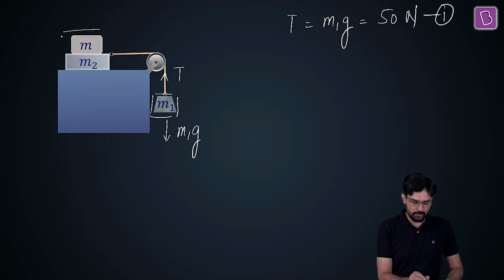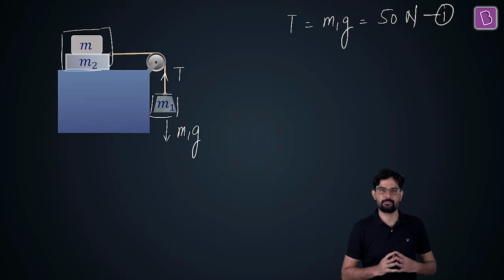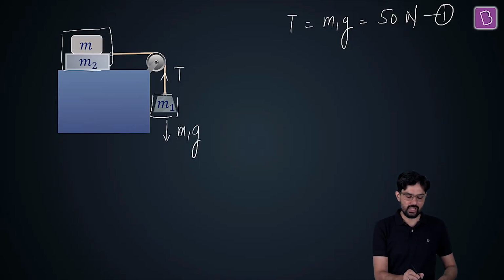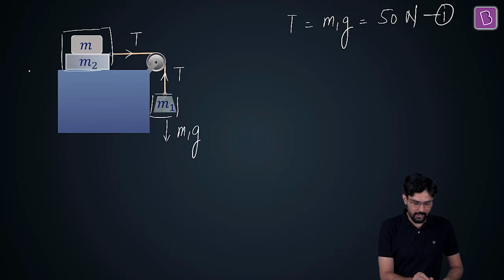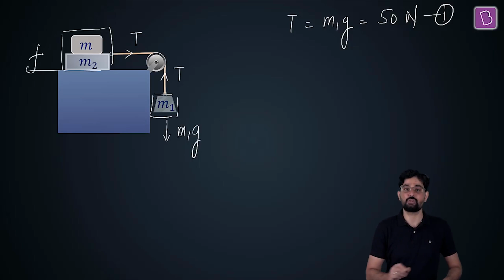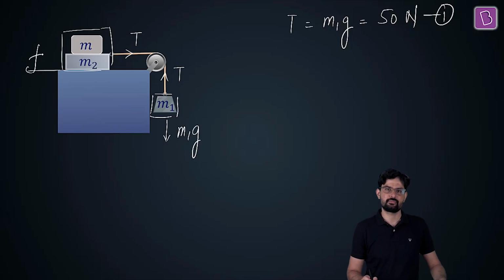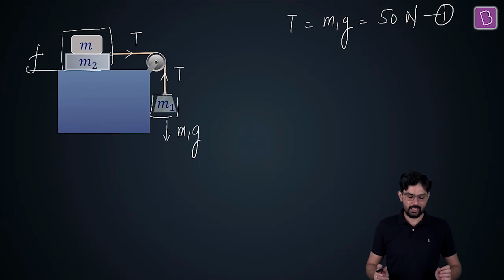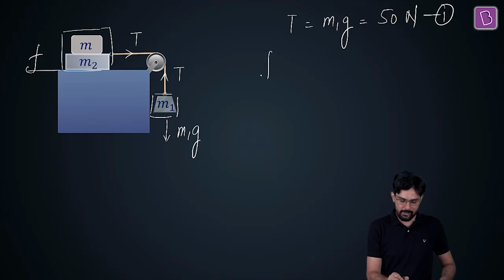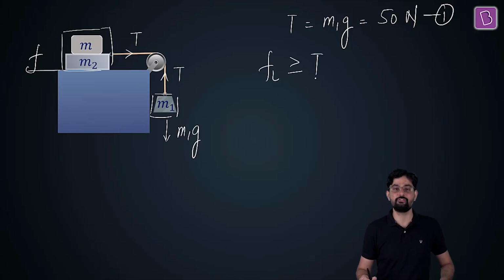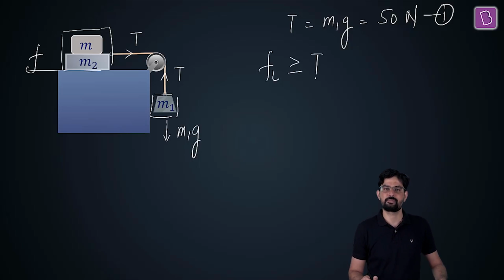And now let's focus on these both blocks as one system. On the system, the tension is acting towards right, and the friction force is acting to the left. Now can you see, if you want these blocks to not move, then the limiting friction force must be greater than or equal to the force of tension, right?